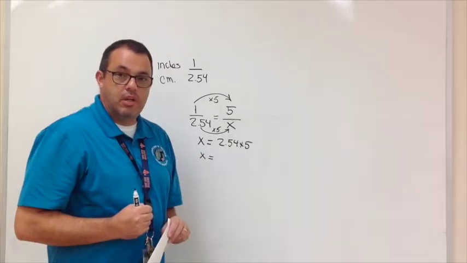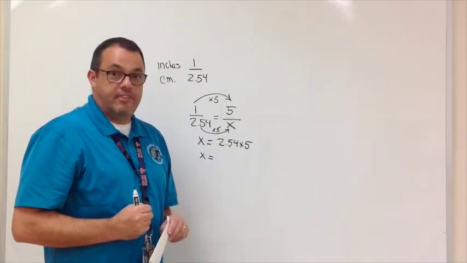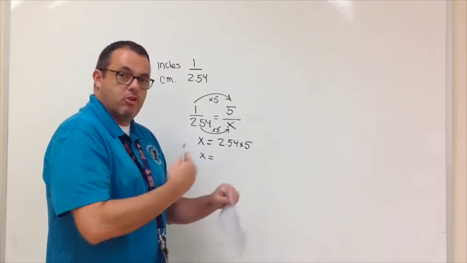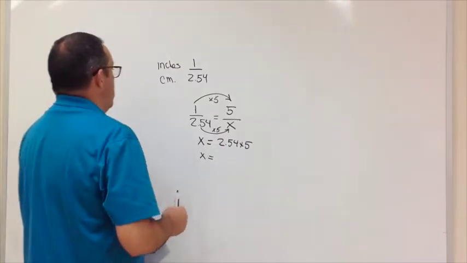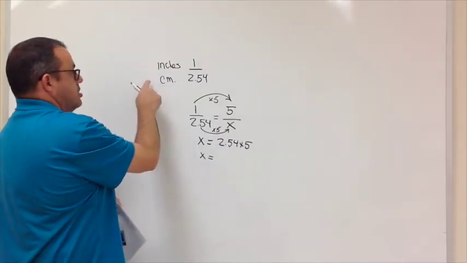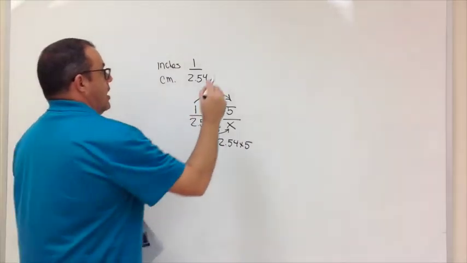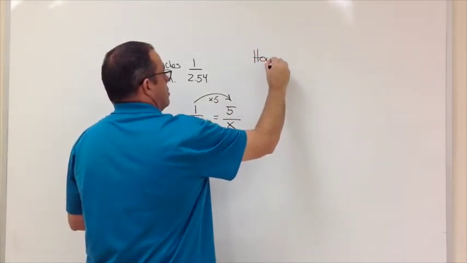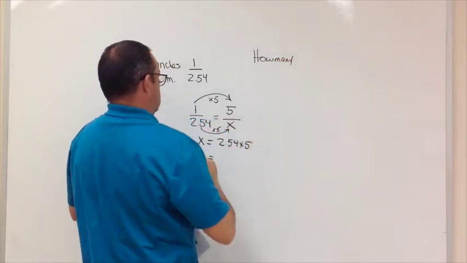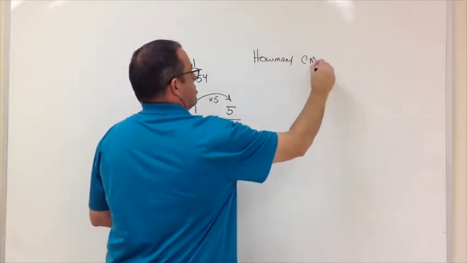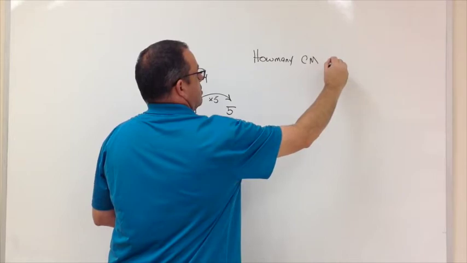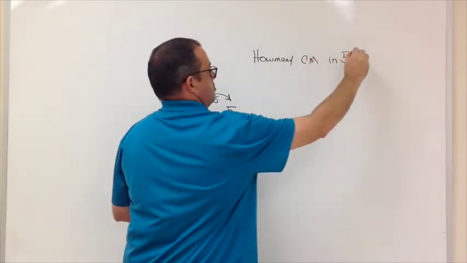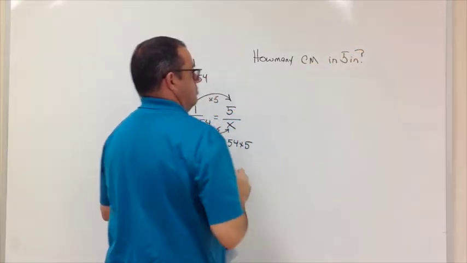Now another way we can do it, we talked about conversion factors. Now remember, a conversion factor is a multiplier we can use to help us convert between 2 units. So again, I know inches to centimeters, and I want to know how many centimeters there are in 5 inches.